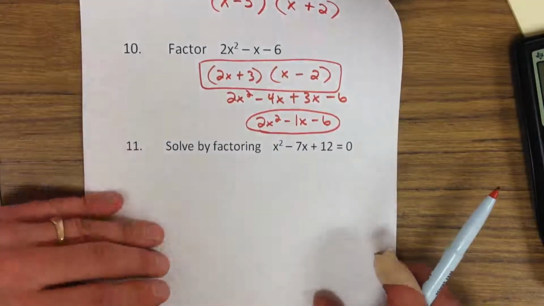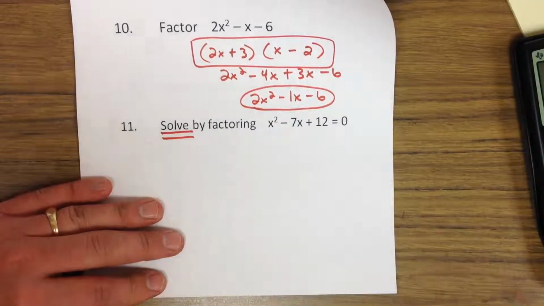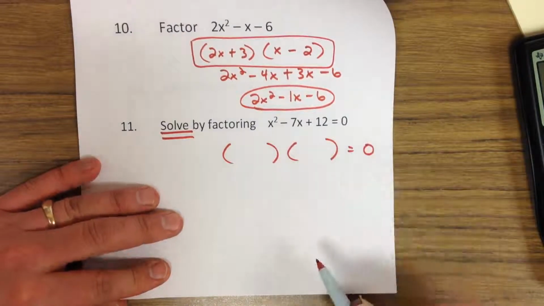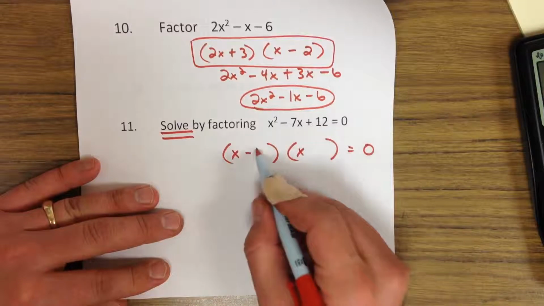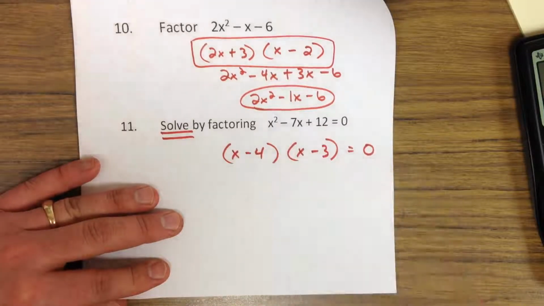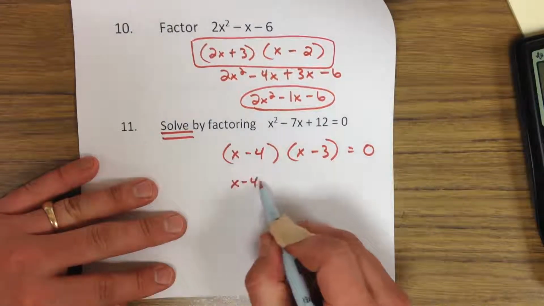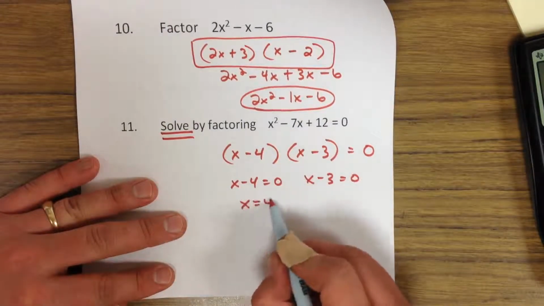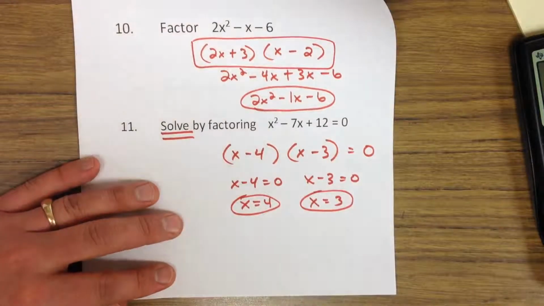No solving. Now number 11 asks you to solve by factoring. So yes, I need to factor this and then I need to solve it. Two things that multiply to positive 12 but add to negative 7 are negative 4 and negative 3. So if I set both of these equal to 0, now I have x equals 4 and x equals 3. Those are my two answers that work.